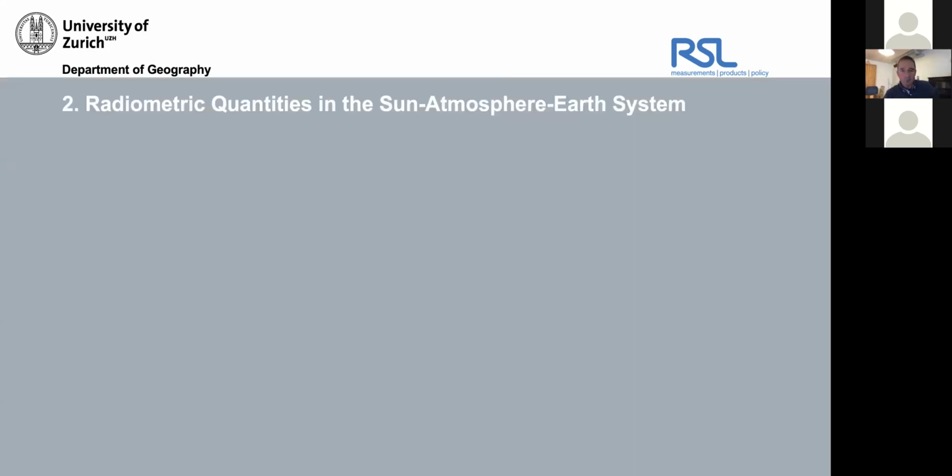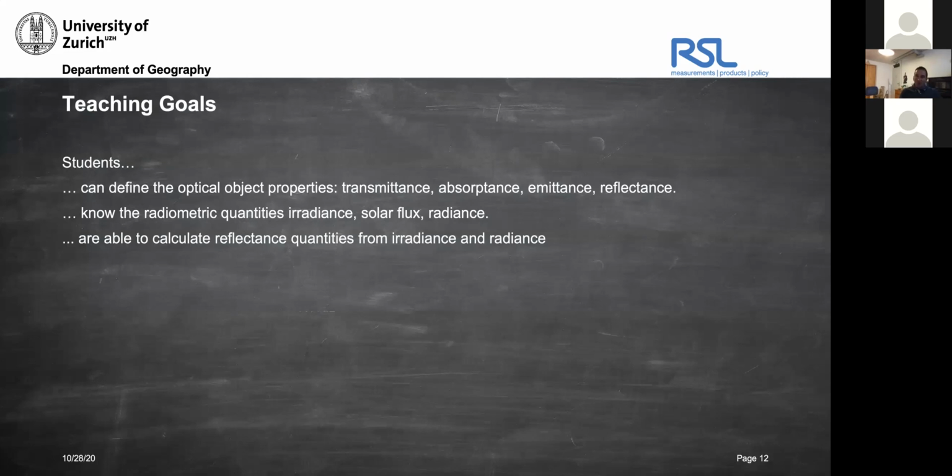There are some quantities to remember, and some of these quantities should be well known to you already. You should know about transmittance, absorbance, emittance, reflectance, what it is. You also should know the radiometric quantities, or distinguish between irradiance, solar flux, and radiance. And maybe some easy calculations should be feasible for you if you get from irradiance to radiance.